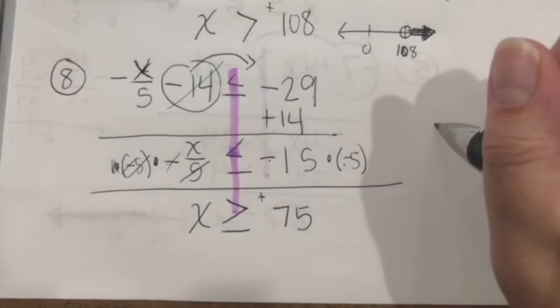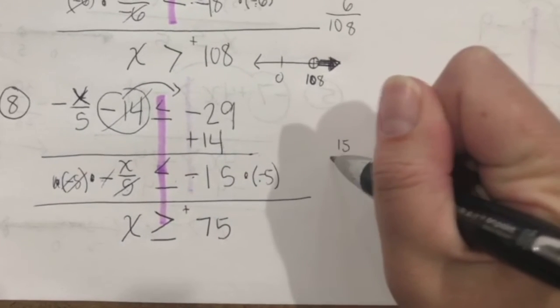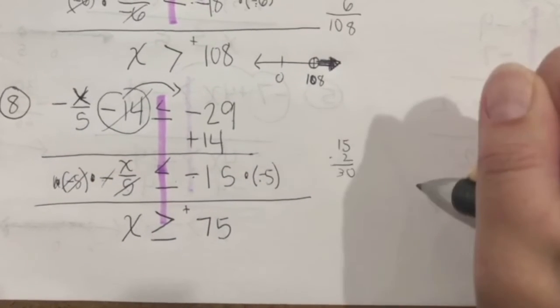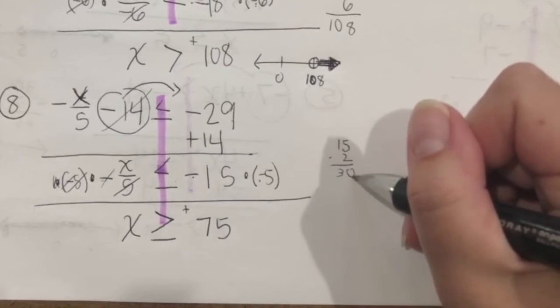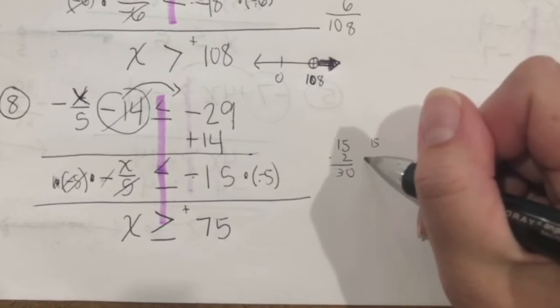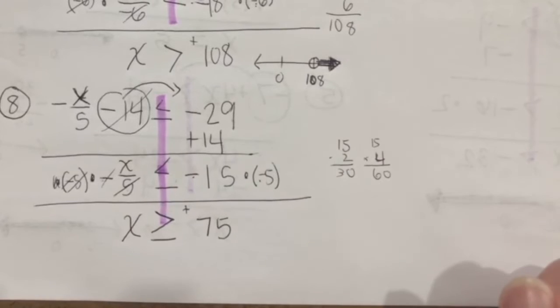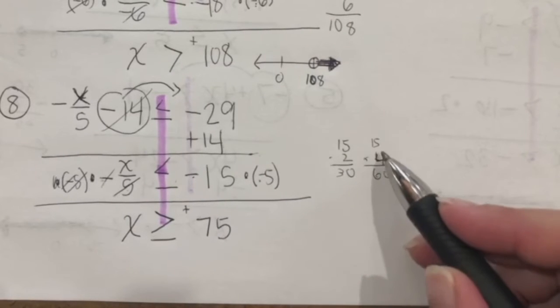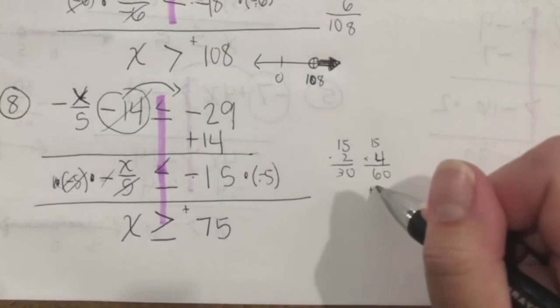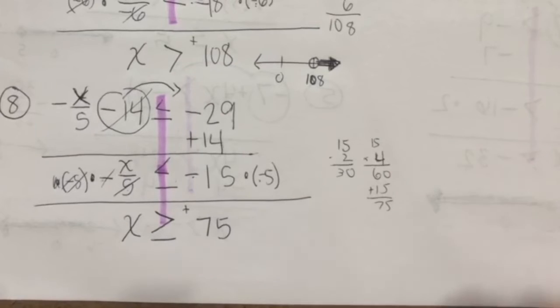And I'll show you what I'm talking about. So 15 times 2 is 30. If 15 times 2 is 30, if we double that, 15 times 2 times 4 would be 60. So now I've got 4 15s, and if I add another 15 there, I'll get 75.